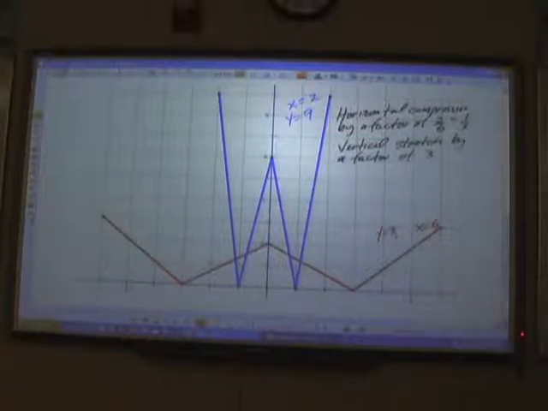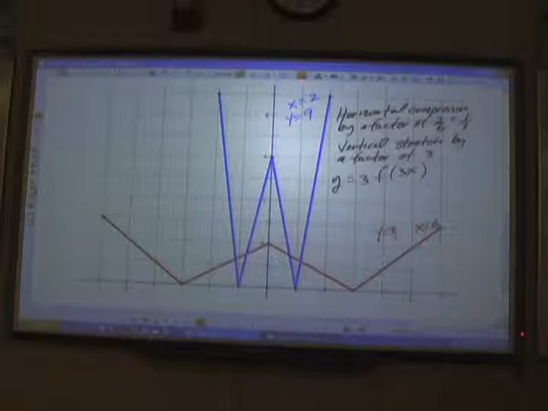Okay, so in function notation, we would write these scale transformations as y is equal to 3, that's our vertical stretch, 3f of x.